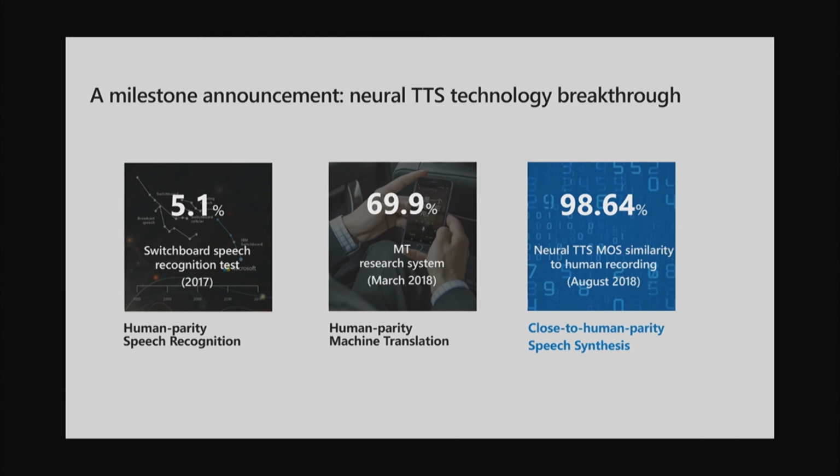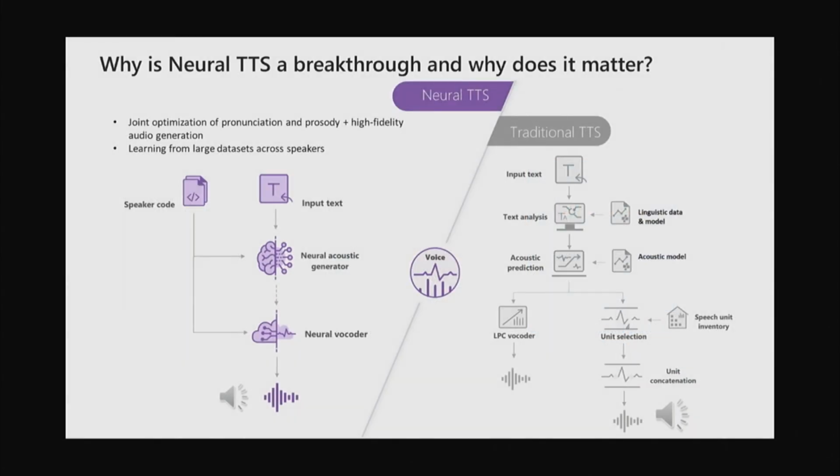Why is it a breakthrough? The traditional text-to-speech training pipeline takes a few steps to convert text into audio. And the core part of natural speech is prosody, which includes pauses and tones. How do we predict prosody?